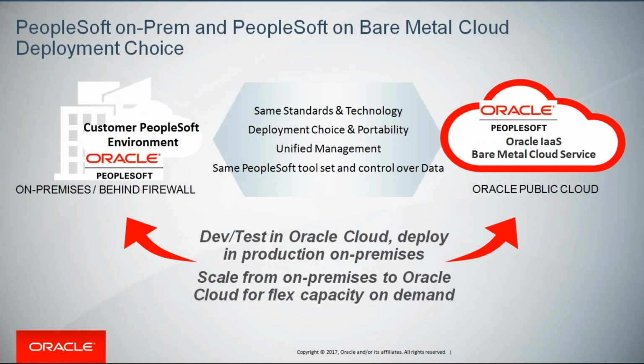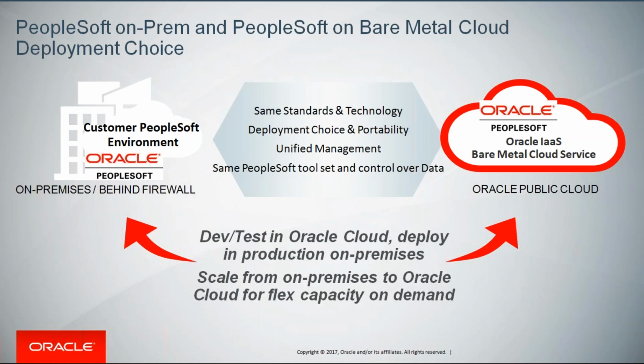This is one of the slides on PeopleSoft on-prem and PeopleSoft bare metal cloud deployment choice. What you get is the same PeopleSoft tools and technology footprint, the same application that you're running on premises, the same investment that you've made with PeopleSoft for years together is the same technology that you're going to be seeing on bare metal, right?